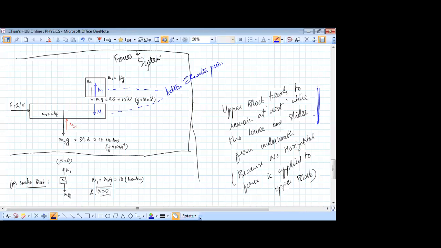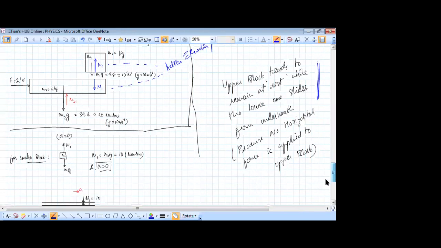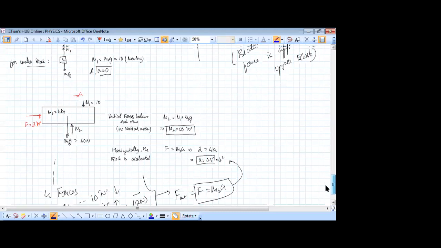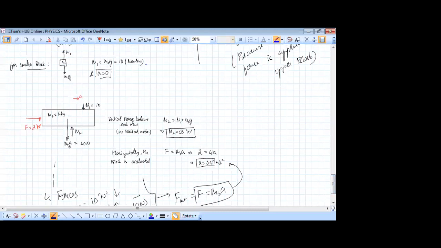Yes, Dhruv, what you're saying is correct. Okay. So hope you've understood this first diagram. Now come to the lower two diagrams, okay, and understand the application of Newton's second law to this block. Okay, so this is the application of Newton's second law.